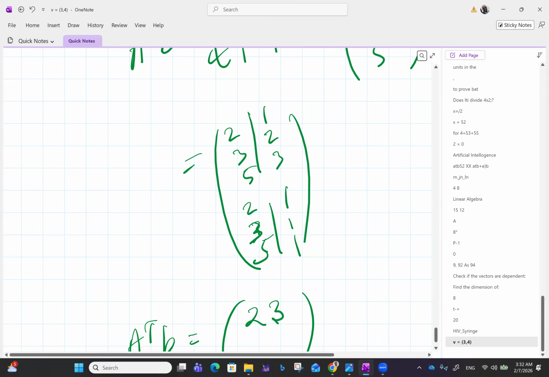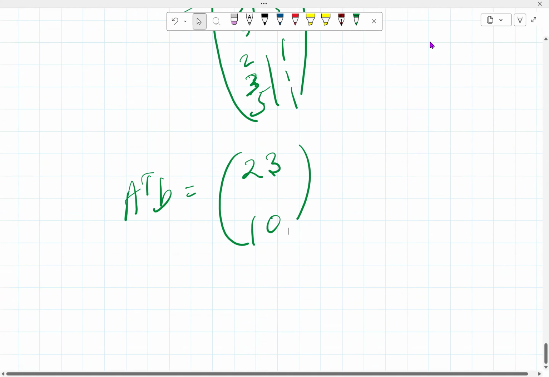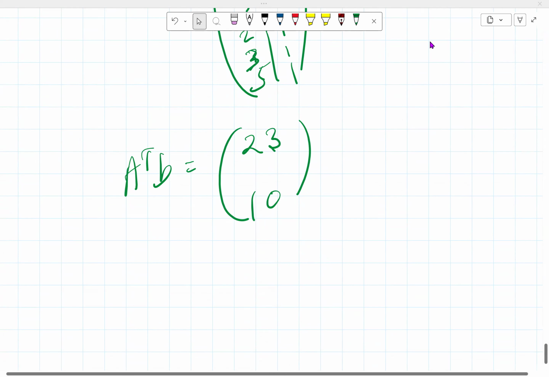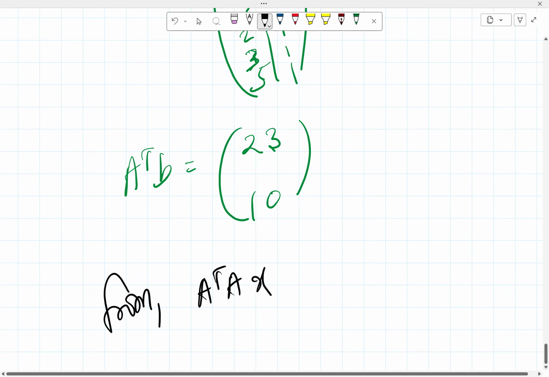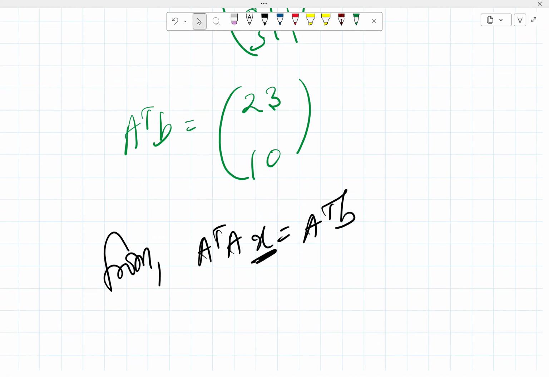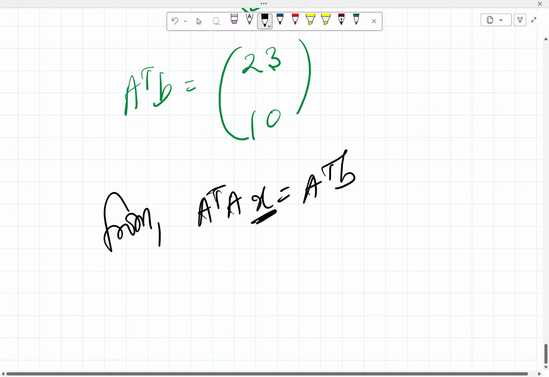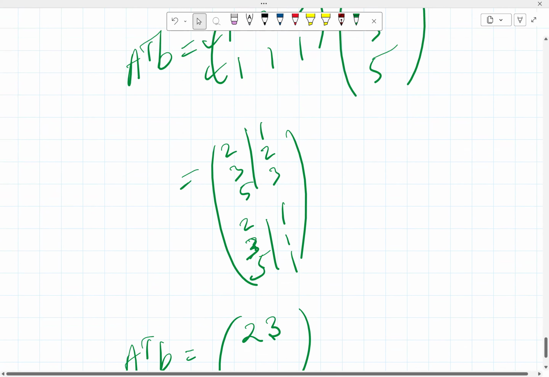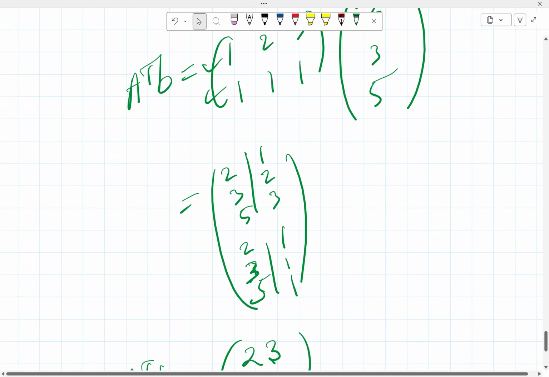So we can then say from A transpose A X equals A transpose B. So this X now will take care of the A and B we are looking for. So A transpose A is already 14, 6, 6, 3, right?